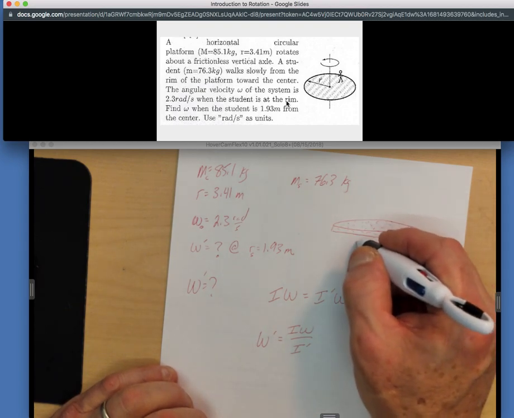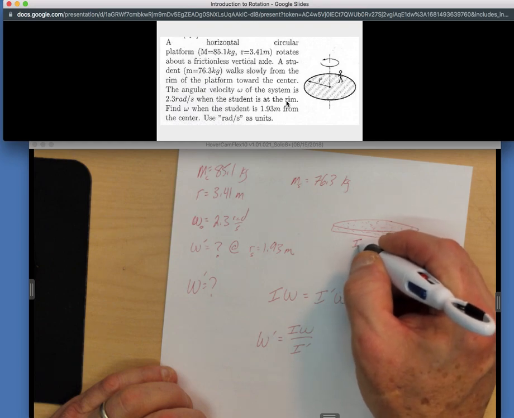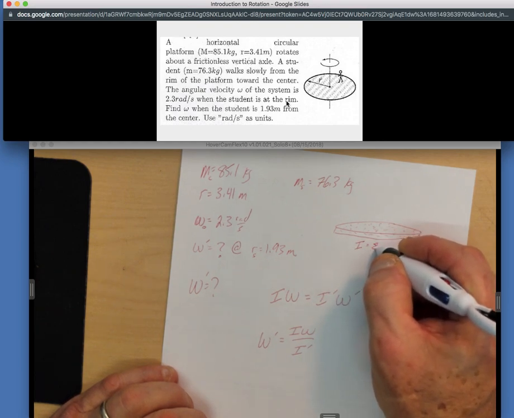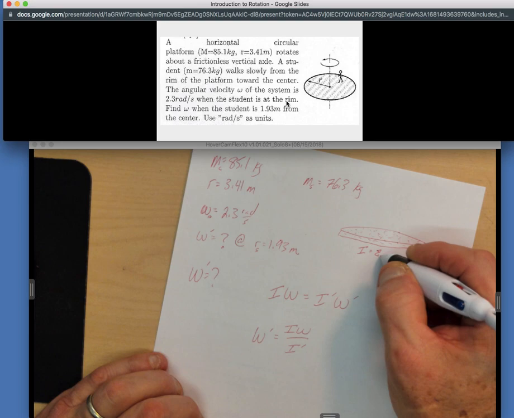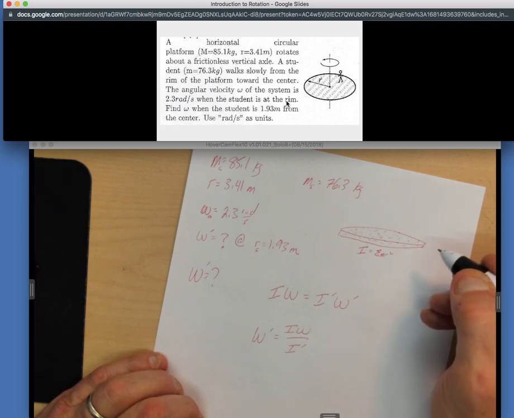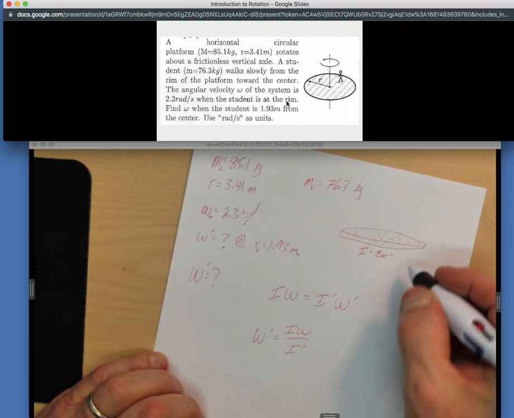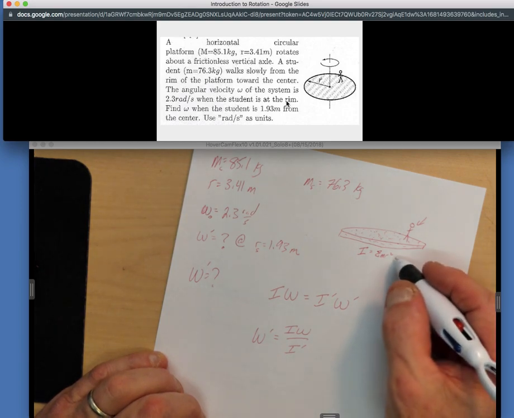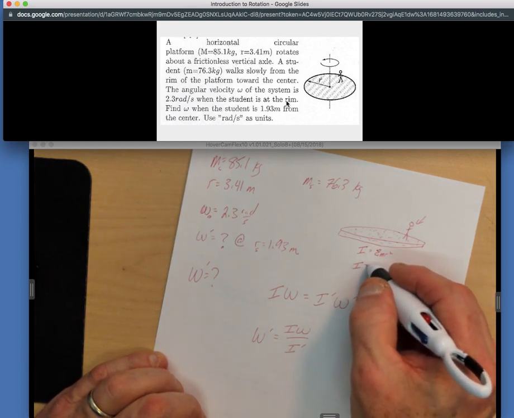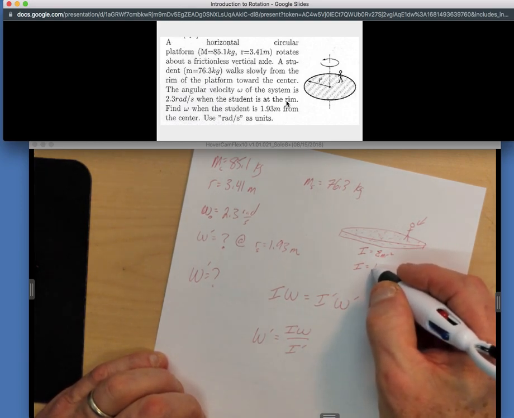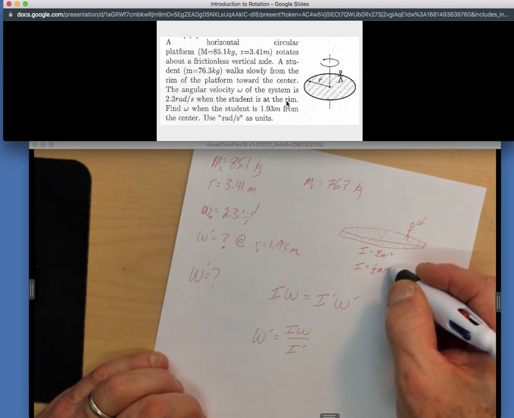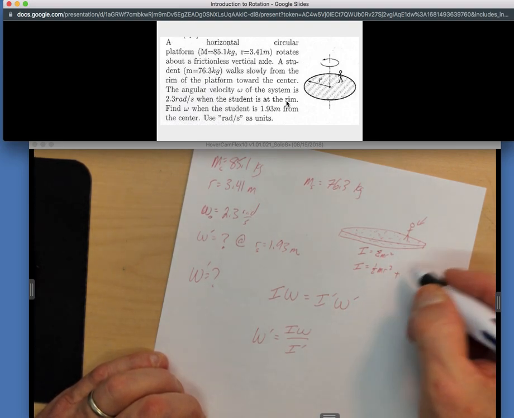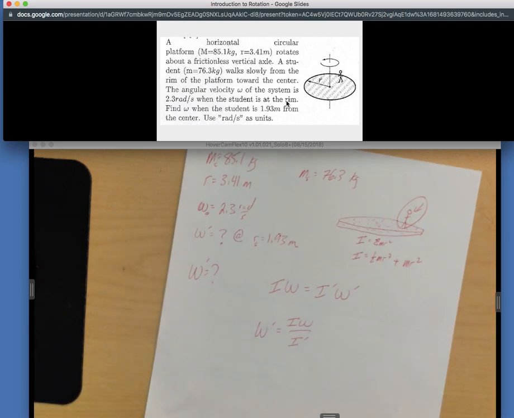But remember, moment of inertia is the summation of all the mr squareds. So this is going to be the disk plus the student. There's a particle right there. The disk has a moment of inertia of 1/2 mr squared, plus the point particle, mr squared of the student. That's going to be the moment of inertia.